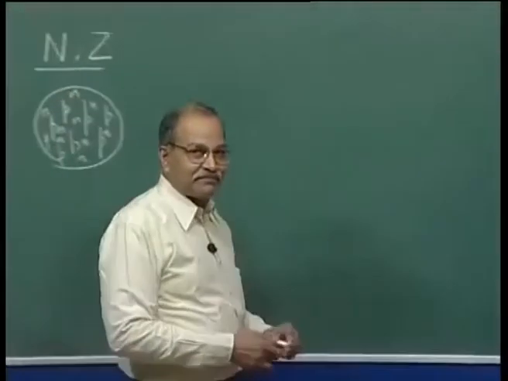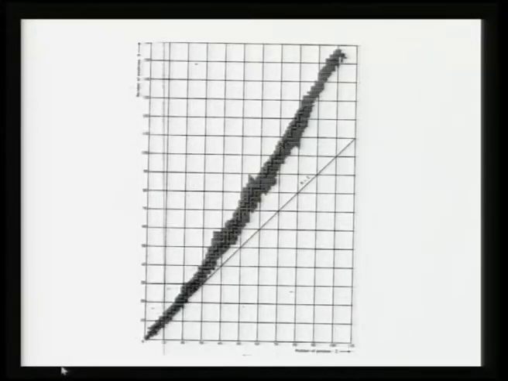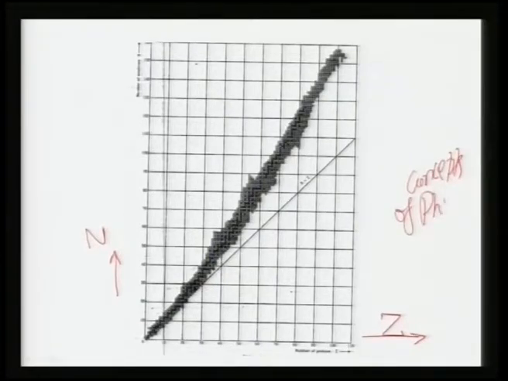Let us see. Okay, look at this diagram. On the x axis we are plotting Z, the number of protons, and on the y axis it is N. This figure is taken from the book Concepts of Physics, volume 2.